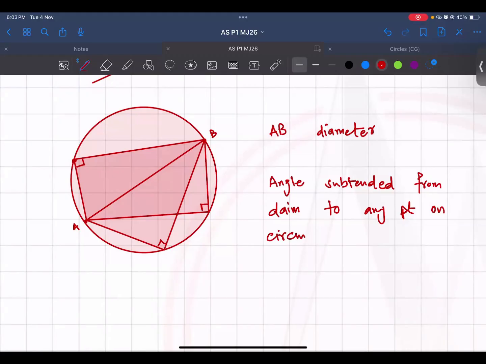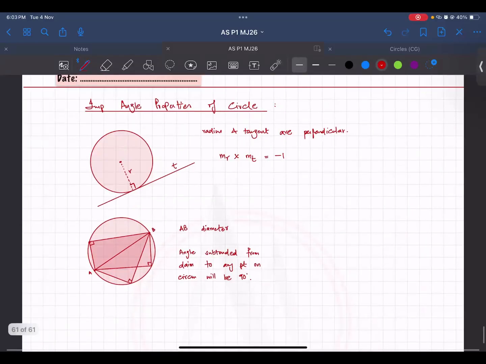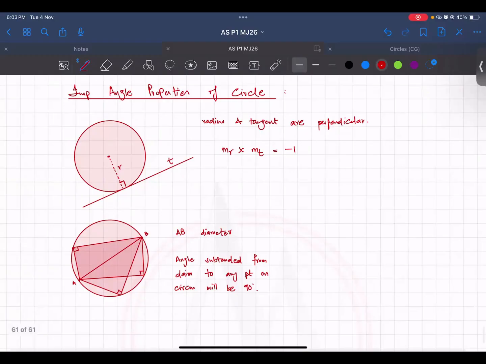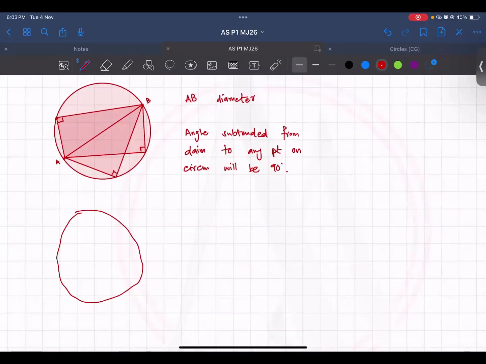Then another property is this one. The circle is given to you. What is this called? A straight line like this. Who will tell me? What is the line like this called?